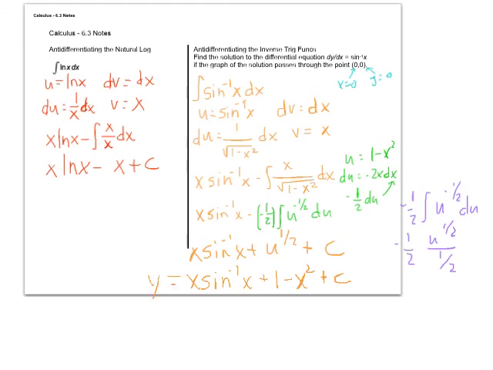Alright, so now when I apply my initial condition of 0 for x and 0 for y, I'm going to end up with 0 equals 0 times arc sine of 0 plus 1 minus 0 plus c.